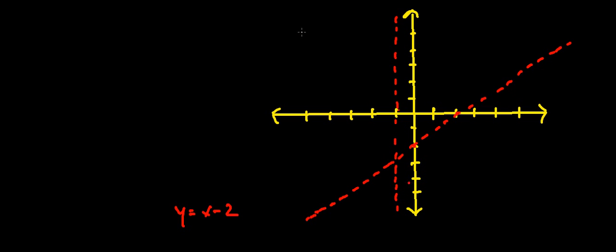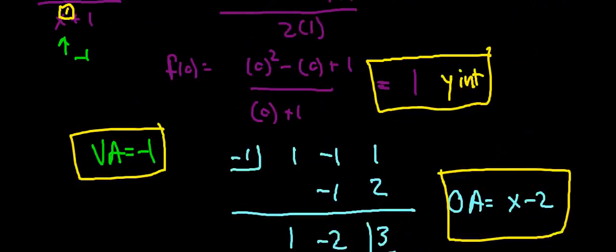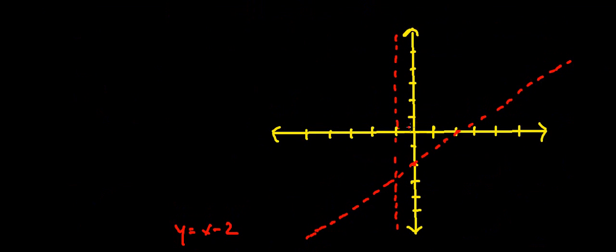And I can already tell you from the fact that we had a y-intercept at, what was it, 1? Yeah. Let's go check. Yeah, y-intercept at 1. So when x is equal to 0, y is equal to 1.